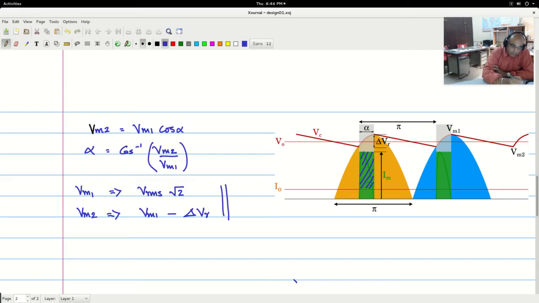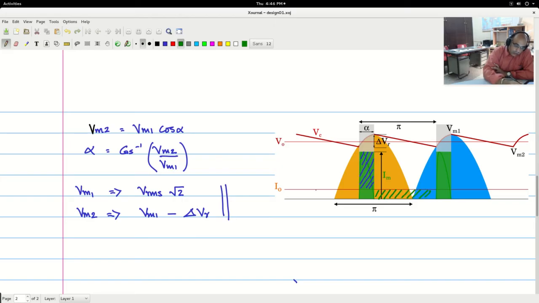So this is the area that is the charge up of the capacitor when the diodes are conducting. When the diodes are not conducting, the capacitor is discharging, and the area is this.